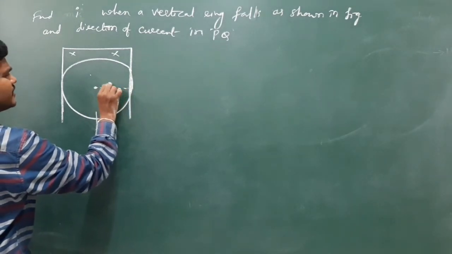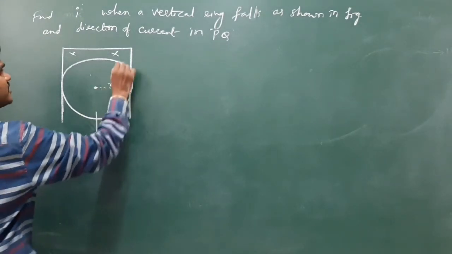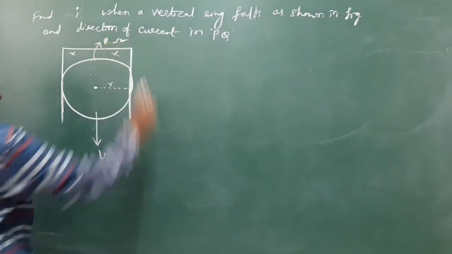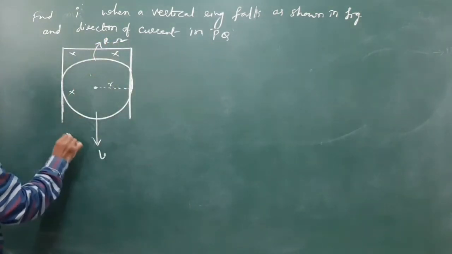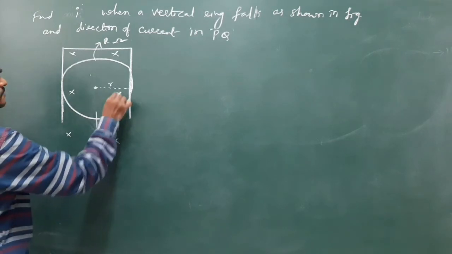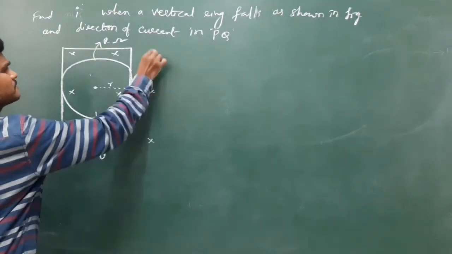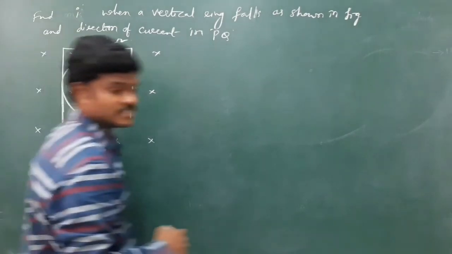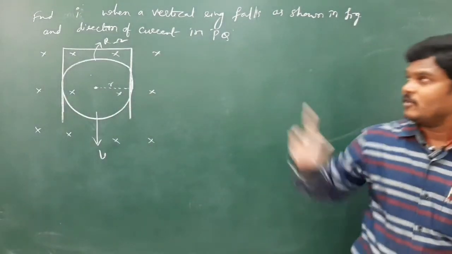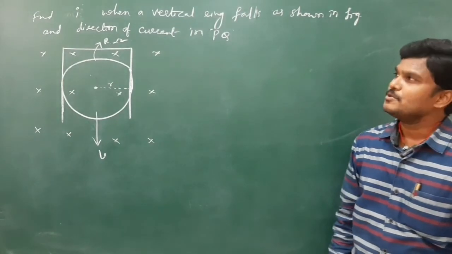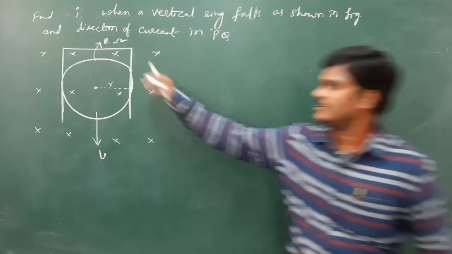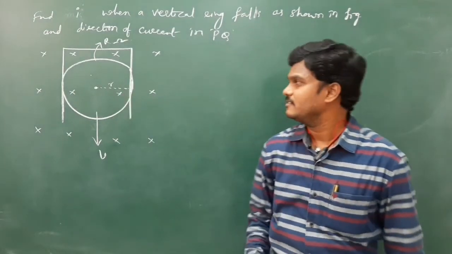Ring of radius r. Resistance is given R ohm. So let me read the question once again. We have to find magnitude of induced current and direction of induced current when this ring falls freely.